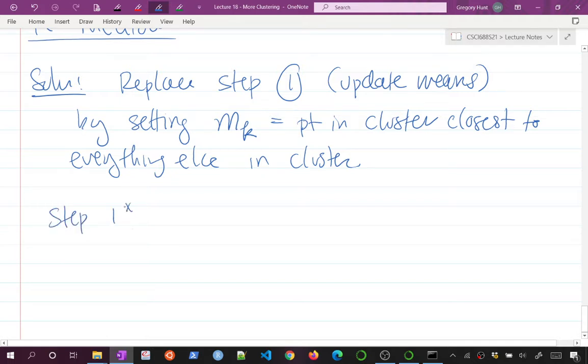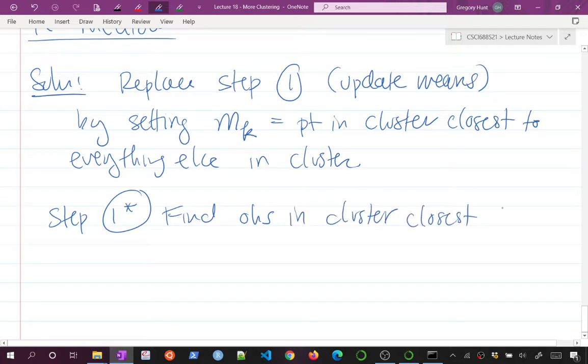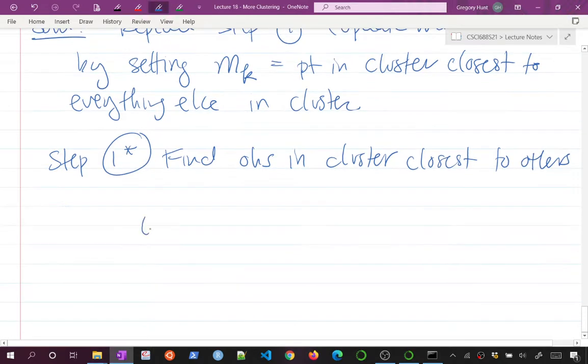So step 1 star, let's say. Now our update step is we find the observation in the cluster closest to the others. It's a little notationally cumbersome. Let's call it i star, the optimum index for cluster k.